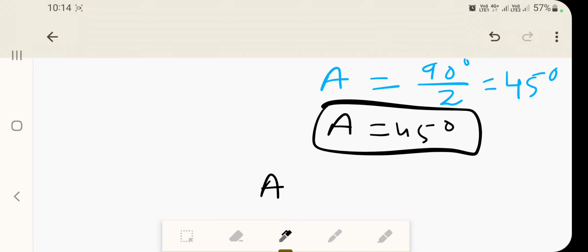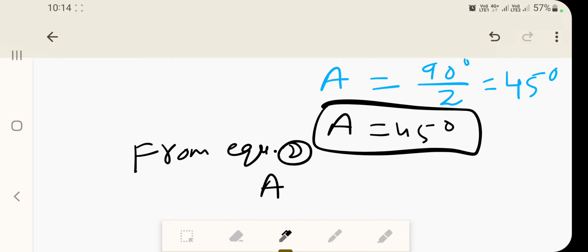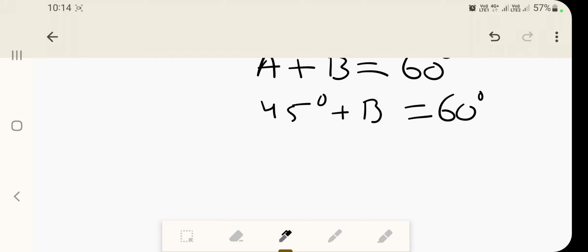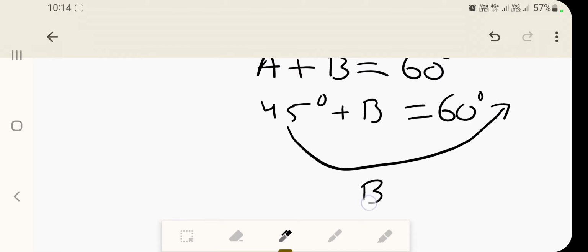From equation 2, A plus B is 60 degrees, and A we just got is 45 degrees, so 45 degrees plus B is equal to 60 degrees. Now if you bring the 45 degrees to the right hand side, we get B is equal to 60 minus 45 degrees.